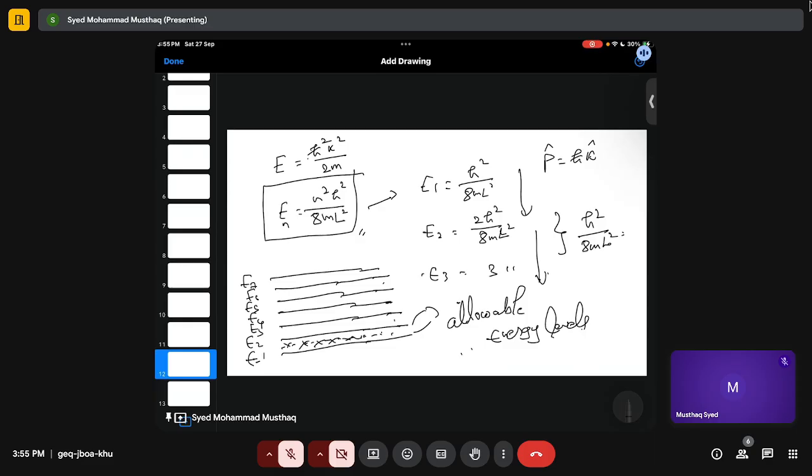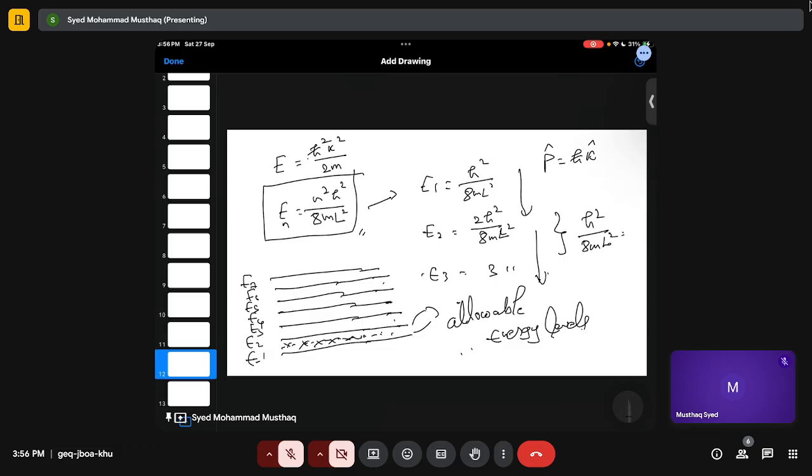So if you make some confinement on the nanometer scale, then the particle will take only certain energy levels. It cannot have just any type of energy. It can only get a few discrete energy levels.